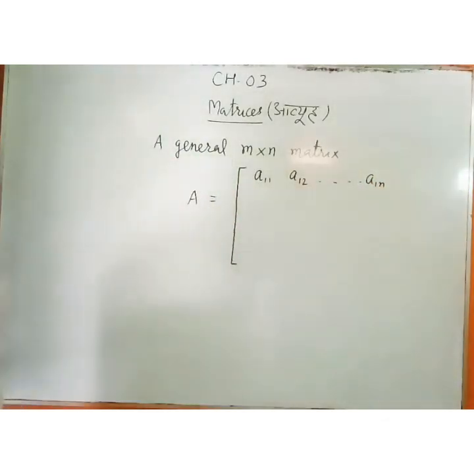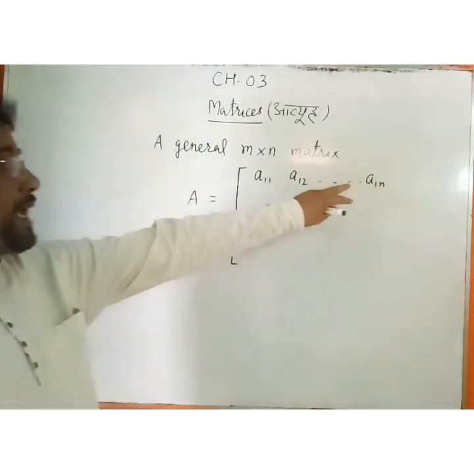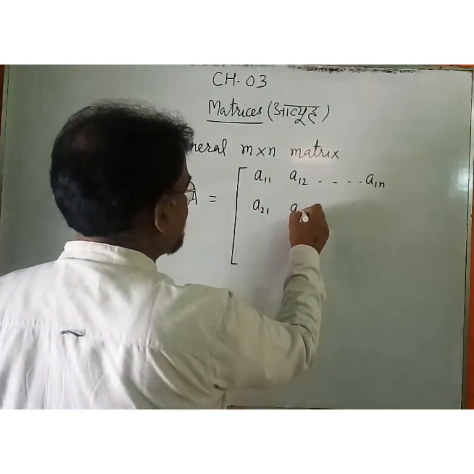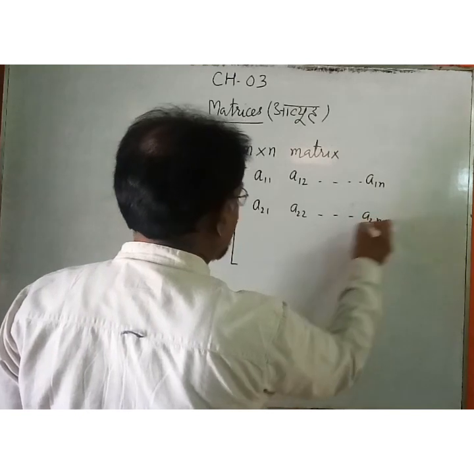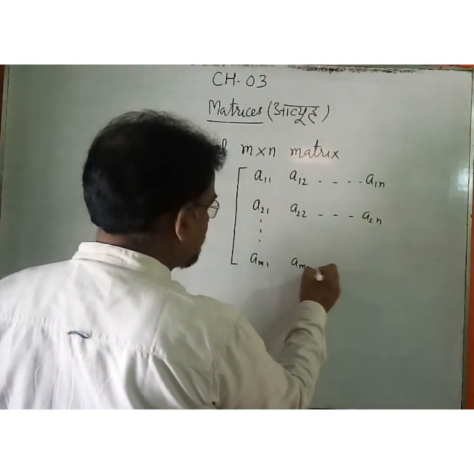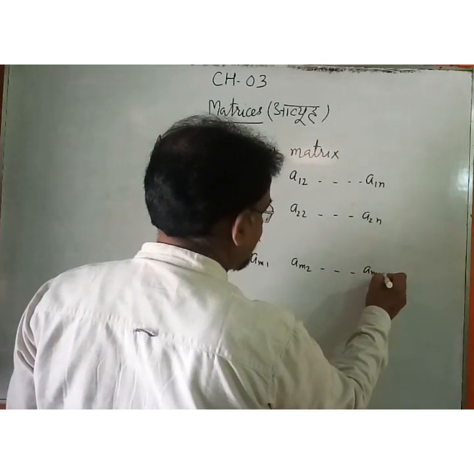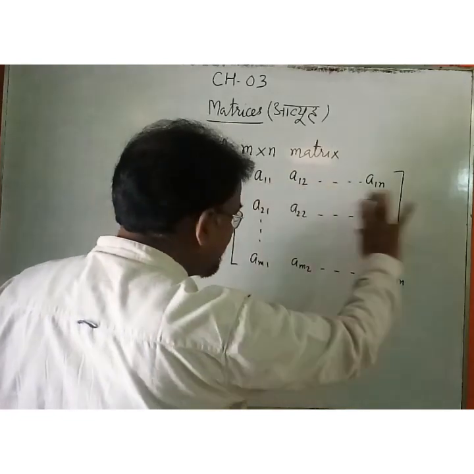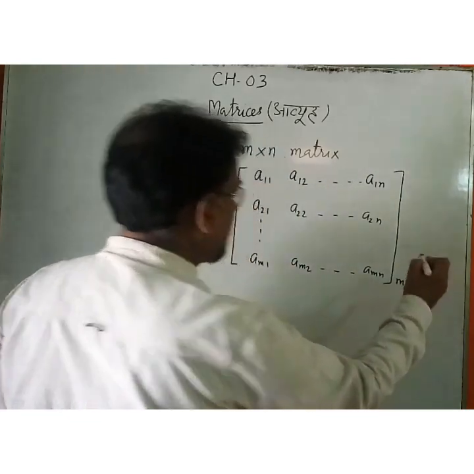A1n represents the member of first row and nth column. A21, A22 up to A2n and so on, Am1, Am2 and Amn. This is a matrix containing m rows and n columns.